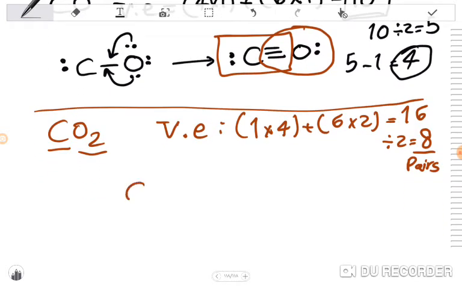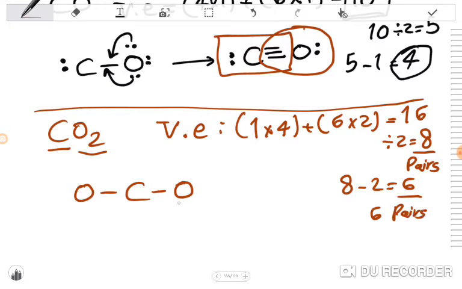Start here. Carbon is the central atom. We set 2 atoms of oxygen on the left and right of carbon. We know we have in the minimum state 1 covalent bond between 2 atoms. 8 minus 2 is equal to 6. The remaining electrons will be 6 pairs.